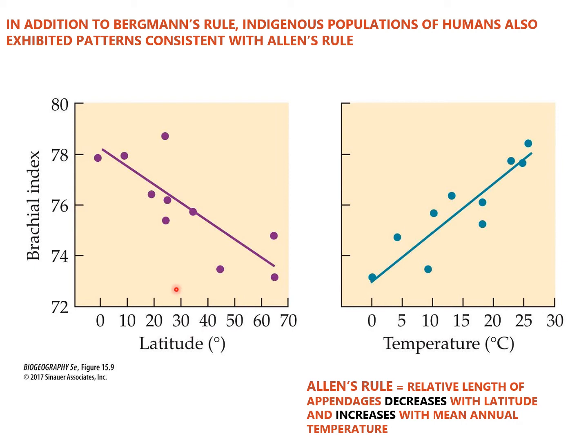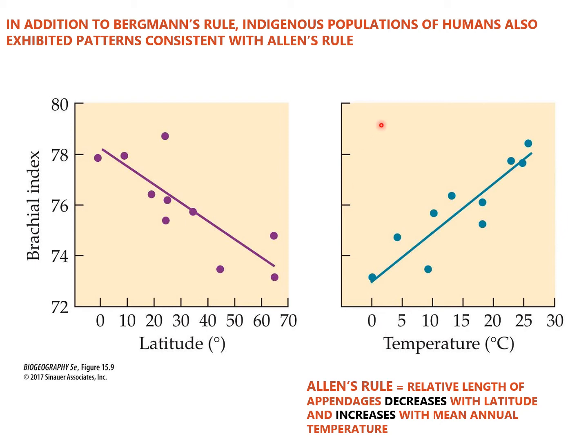It's a measure of limb length, a proxy for limb length. You can see that it decreases with latitude in human populations, and again increases with temperature. So human populations fit Allen's rule pretty well as well.